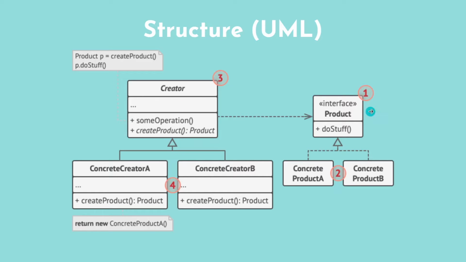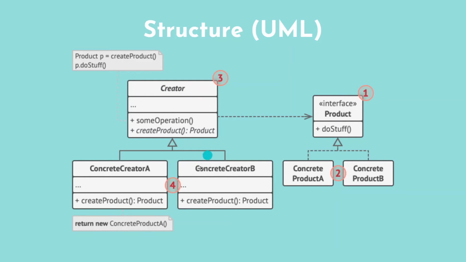First, the product declares the interface, which is common to all objects that can be produced by the creator and its subclasses. The concrete products are different implementations of the product interface. The creator class declares the factory method that returns new product objects. It is important that the return type of the method matches the product interface.